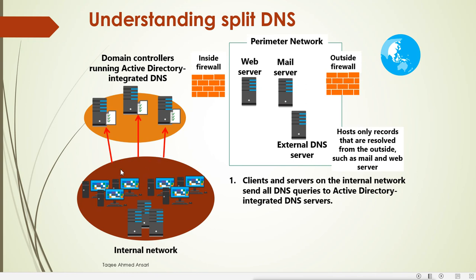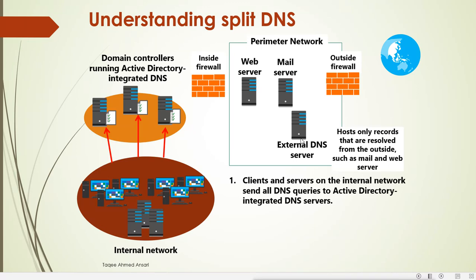Whatever we have internally, web server, mail server, domain controller, we should not have any record of these servers in the external DNS server. So that if anyone hacks into this DNS server and tries to get information, it will not get the secure information, it will get only the information which is already available on the internet.